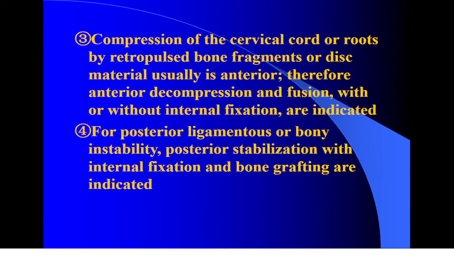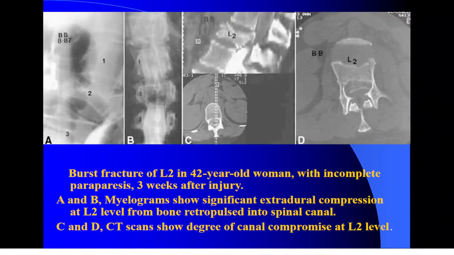Compression of the cervical cord or roots by retropulsed bone fragments or disc material usually is anterior. Therefore, anterior decompression and fusion with or without internal fixation are indicated. For posterior ligamentous or bone instability, posterior stabilization with internal fixation and bone grafting are indicated.